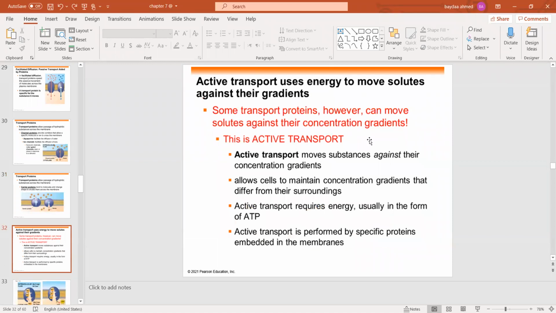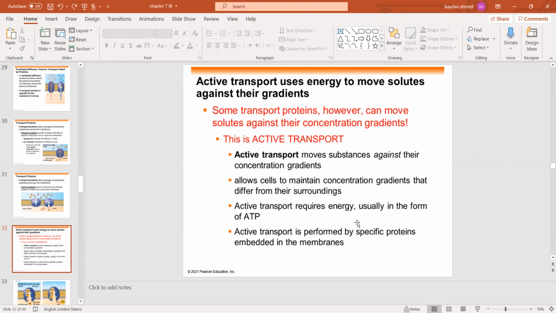Despite the help of transport proteins, facilitated diffusion is considered passive transport because the solute is moving down its concentration gradient, a process that requires no energy.